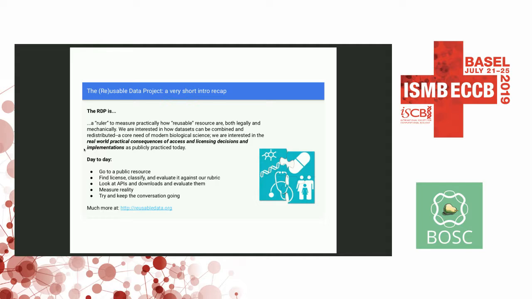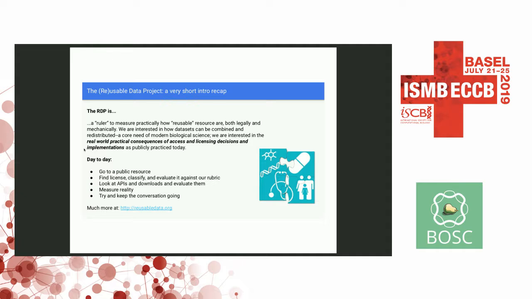And we're looking at how exactly things are being made available, under what terms they're being made available, and the practical consequences of how this is being done and how that affects access and reusability down the line. So a lot of times people are worrying about, oh, can we get reusability at one step, but we're much more worried about reusability at end steps. If we take data from one resource, mix it with another resource, and pass it on, what is going on with that reusability?